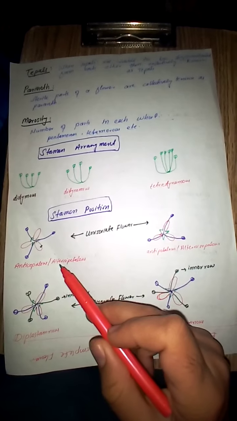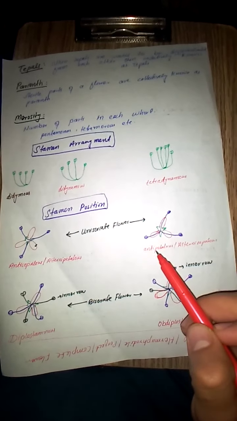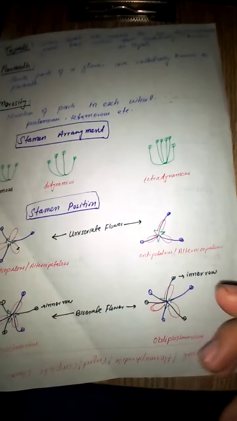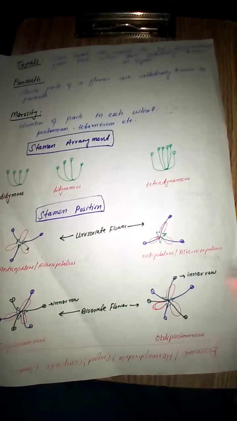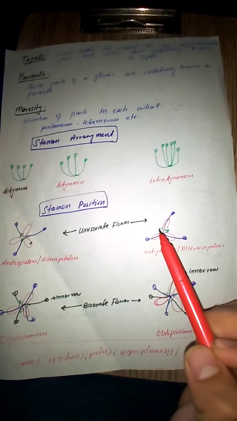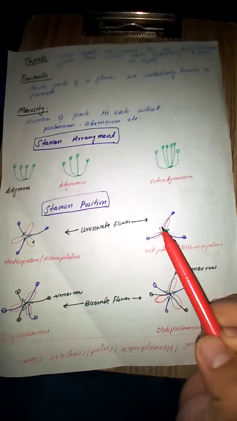Now these antisepalous or alternipetalous, and antipetalous or alternisepalous, are opposite to each other, or their arrangement is opposite with respect to each other.